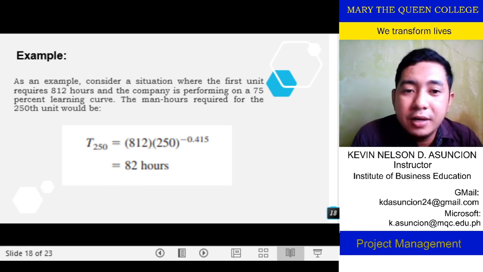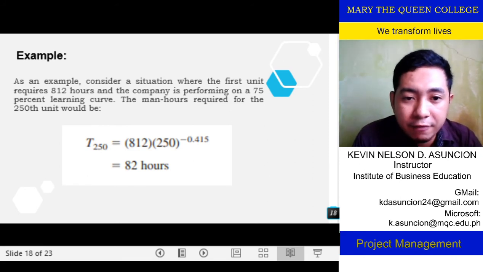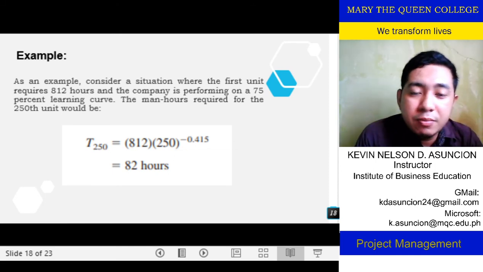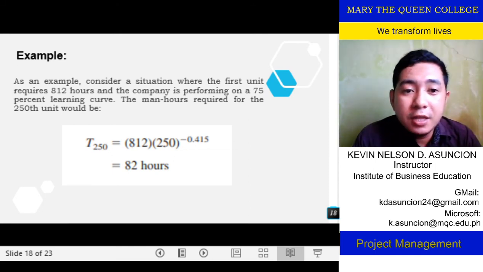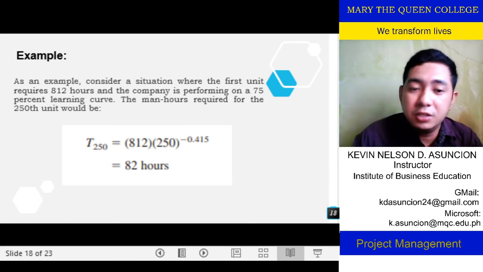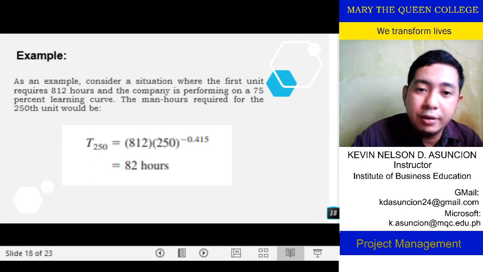Okay, so that's 250. So raised to that variance, 0.415. So it's equivalent to 82 hours. So that means the 250th unit is done just 82 hours. No, it took 812 hours for the first unit, but at the 250th unit, it just took 82 hours.